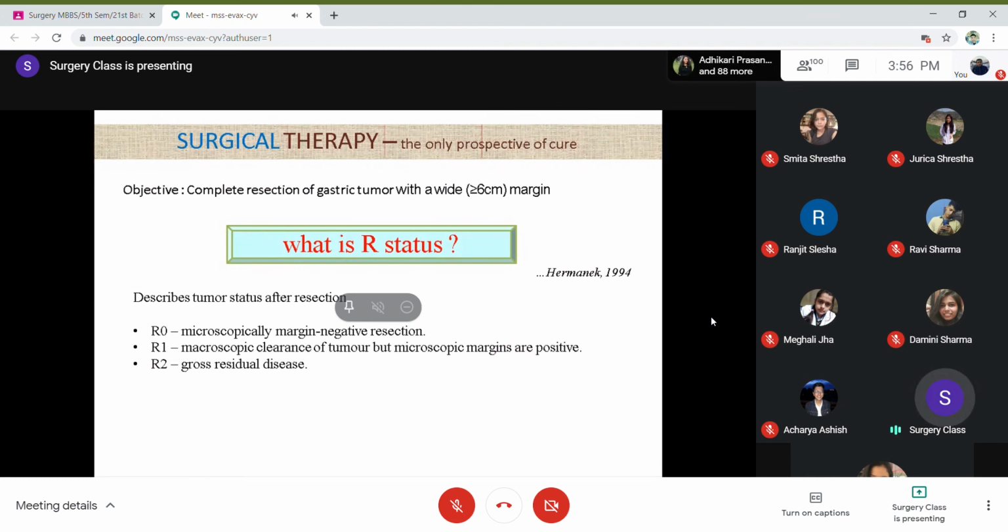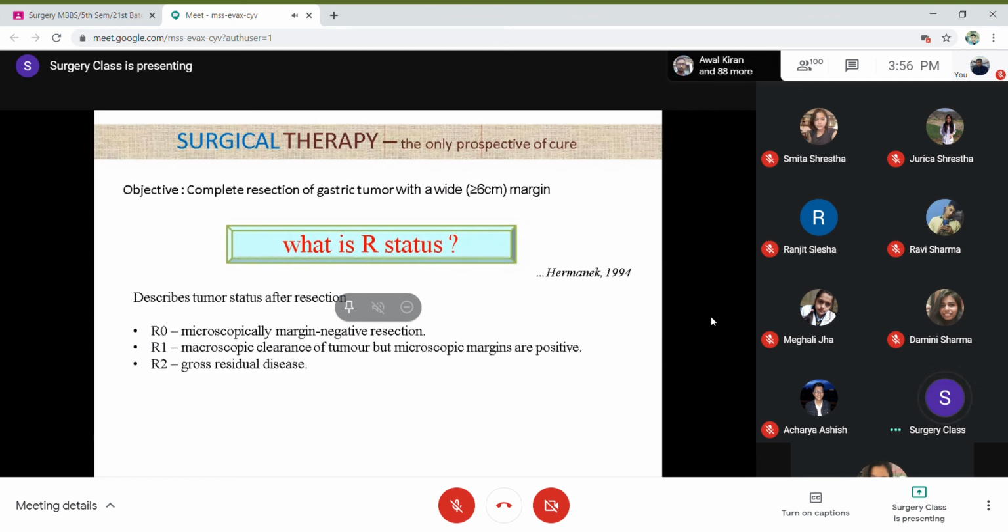Suppose there is a tumor in the antrum, and you go 2 centimeters distal to the tumor, putting a stapler in the first part of the duodenum, removing the antrum and the pylorus, and 5 centimeters proximal to the tumor in the body of the stomach. This much margin is essential to get an R0 resection.